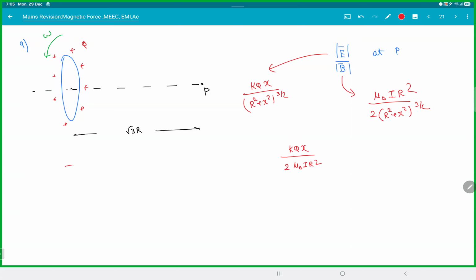How do you find current? I is nothing but charge by time, which is 2 pi by omega.